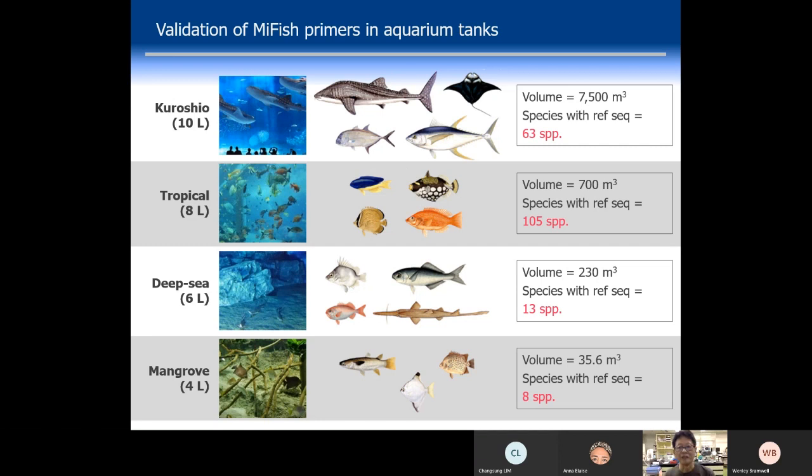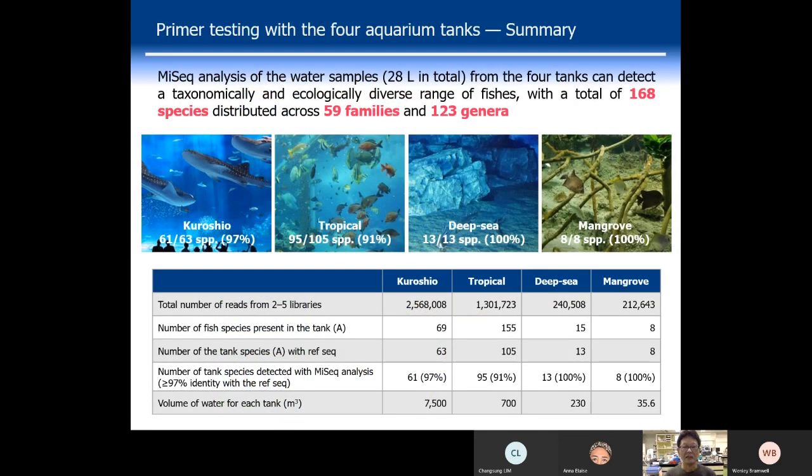You can see that there are 60 species kept in the tank which have reference sequences, and we detected 63 species, which means about 90 to 70% of fish can be detected by MiFish eDNA metabarcoding.